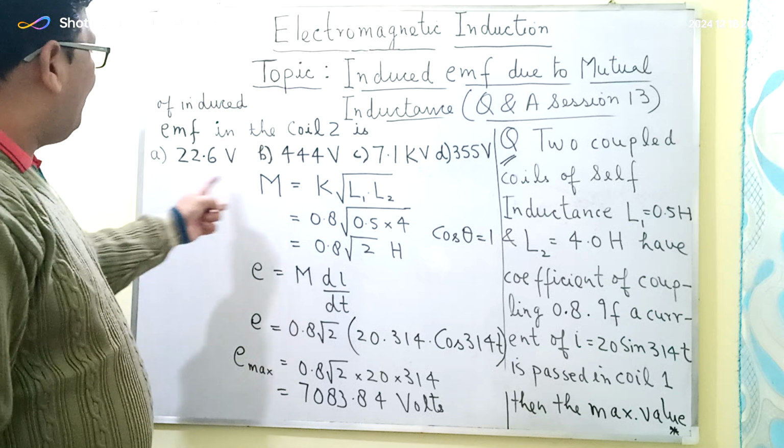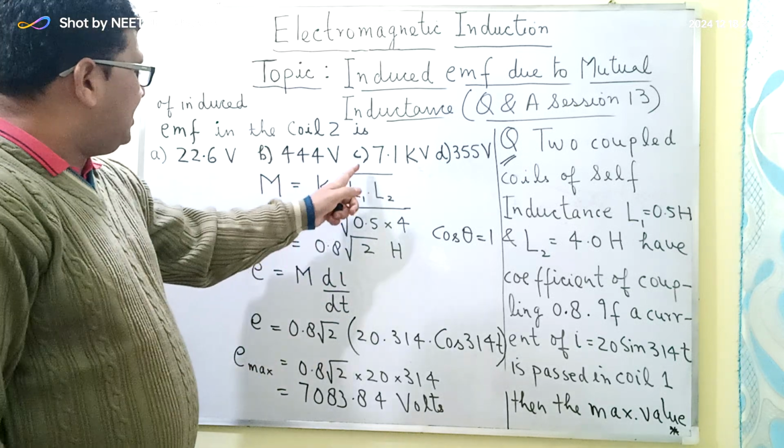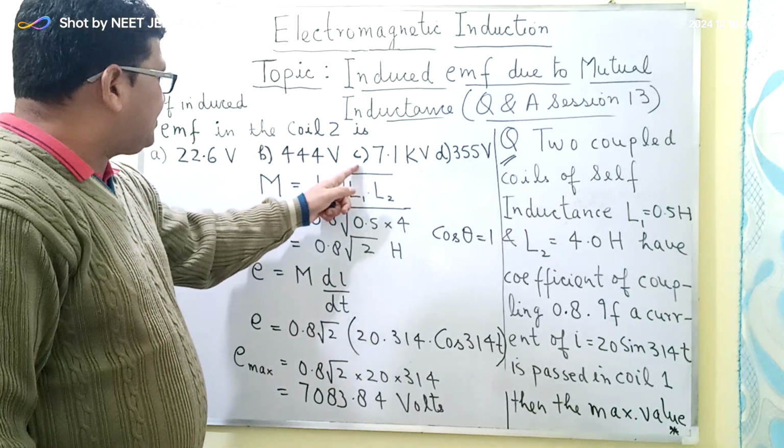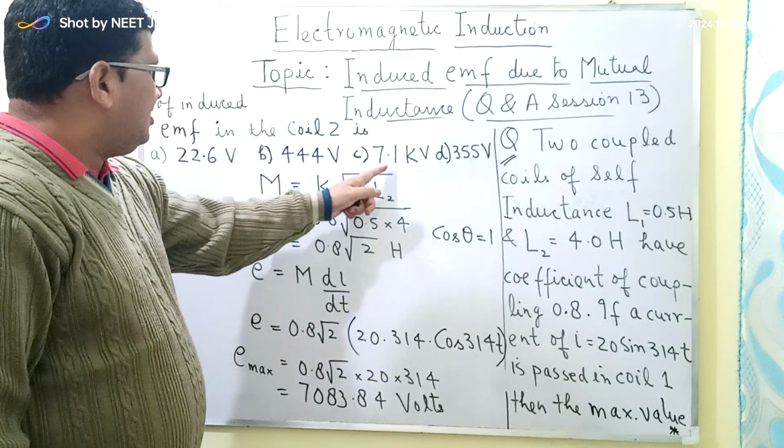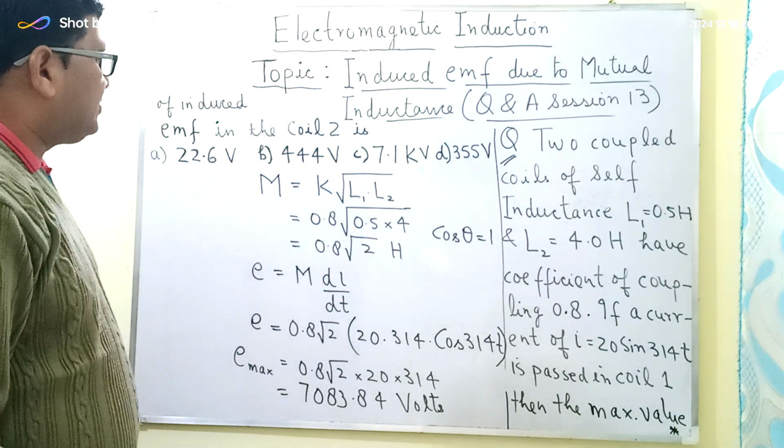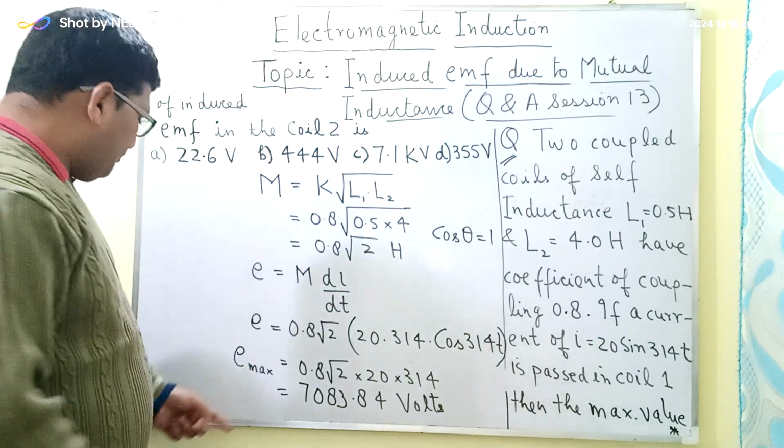But here we have been given four options. We see that in option C, the value is equal to 7.1 kilovolt.